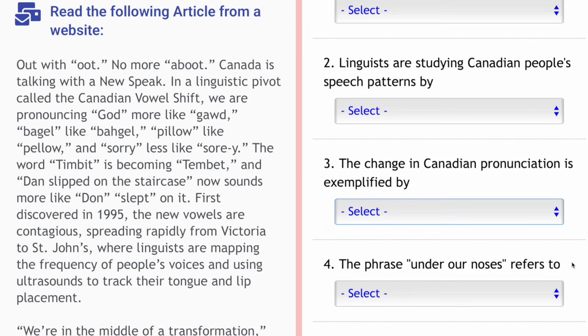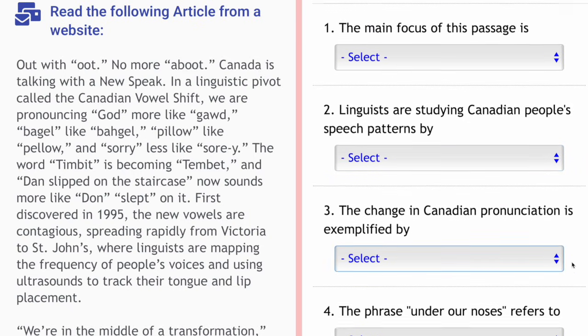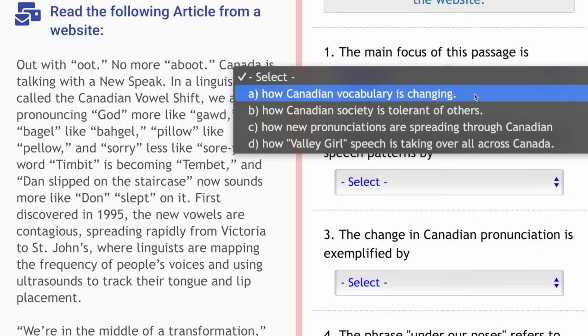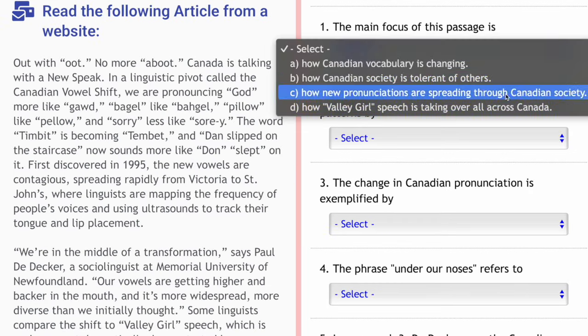We didn't read that yet either. So maybe just number one to get an idea: how Canadian vocabulary is changing, how Canadian society is tolerant of others, how new pronunciations are spreading through Canadian society, how Valley Girls speech is taking over all across Canada. Well, it's not 100% clear yet. We're going to look at it after, okay?